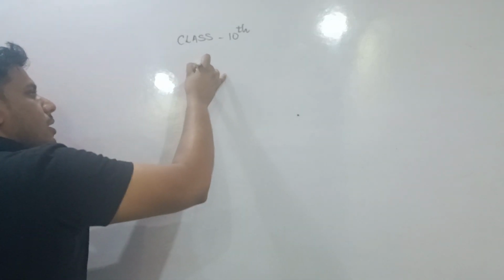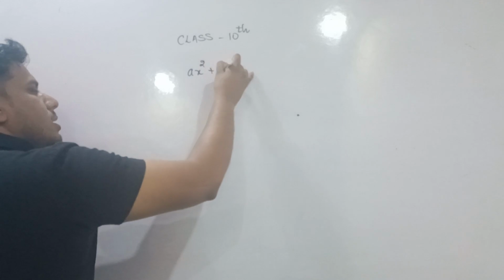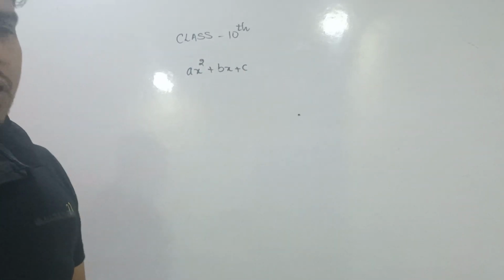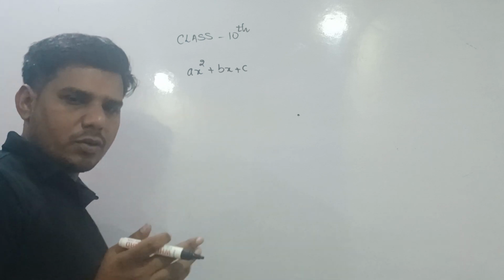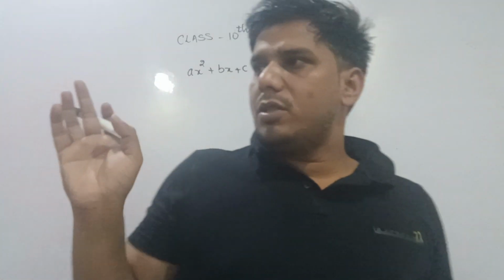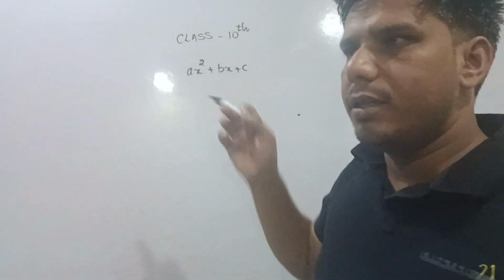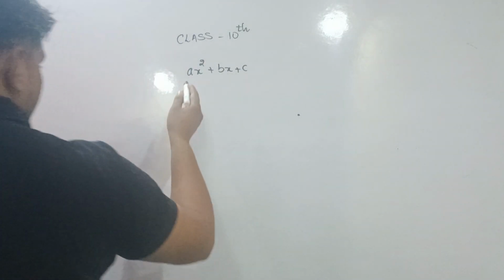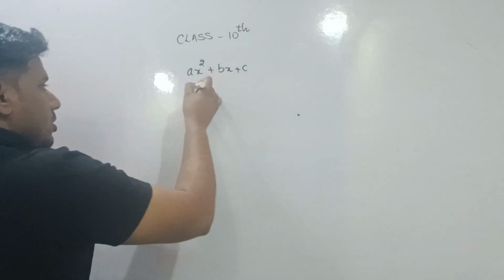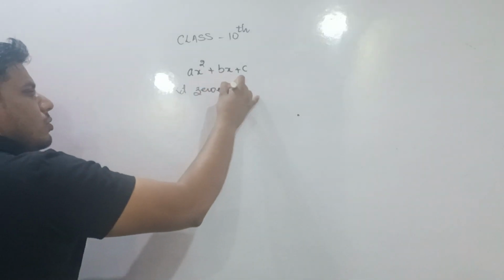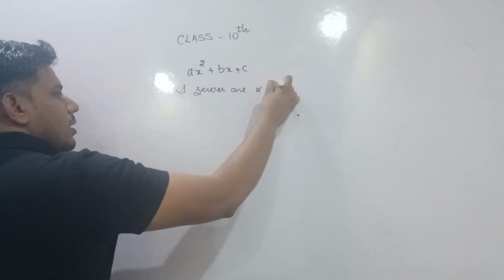Here we have ax square plus bx plus c, which is the standard form of the quadratic polynomial, in which a, b and c are constants, and all these three constants we call the coefficients. So here coefficients are a, b and c, and its zeros are alpha and beta.